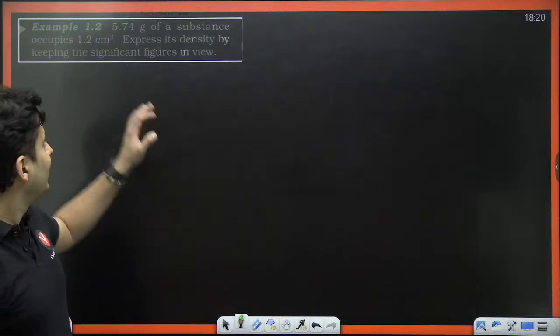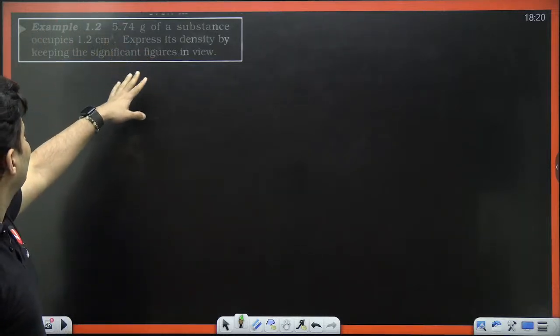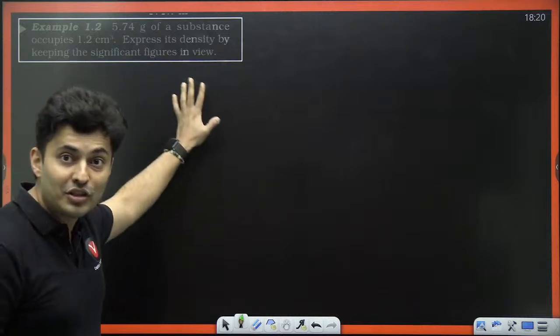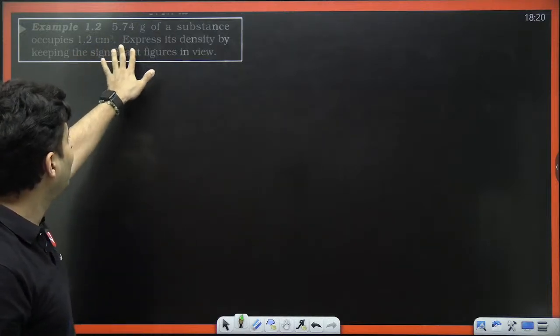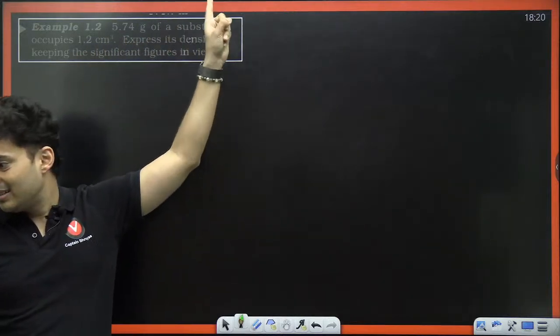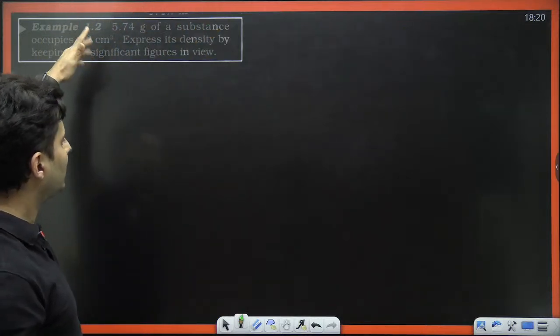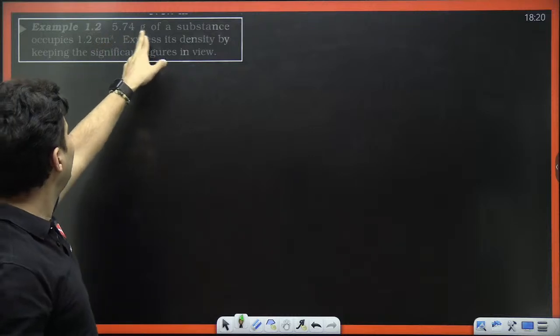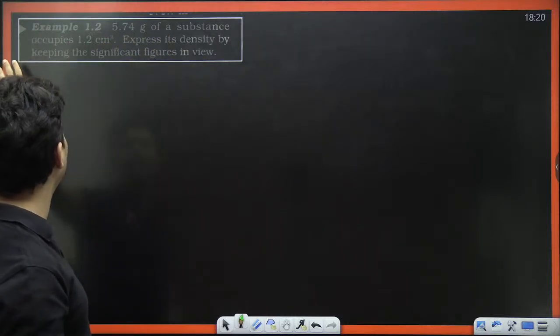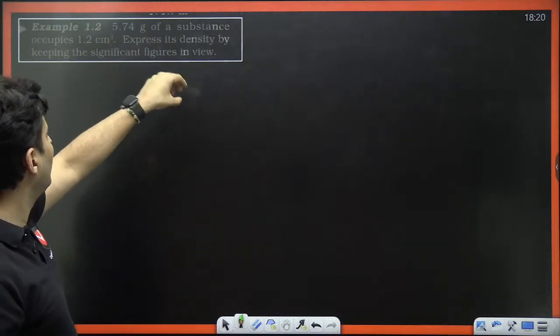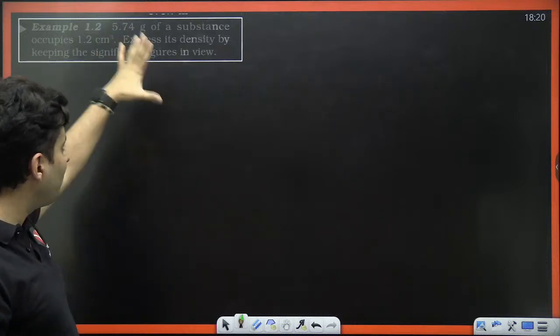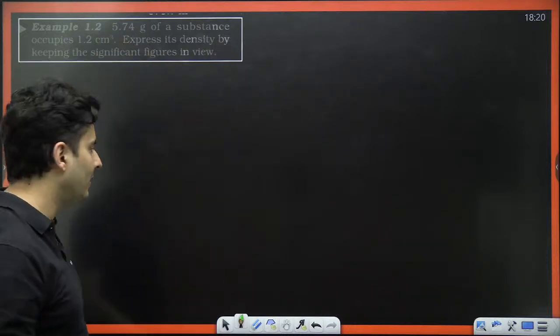Yes, here it is. This is an example from NCERT. I hope you are able to see this. I don't know, it has come out a little bit light, but I hope you can see this. 5.74 grams of an object takes this much volume. Express the density keeping significant figures in mind.